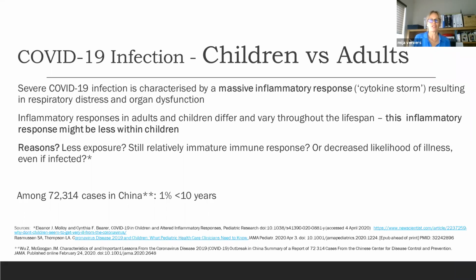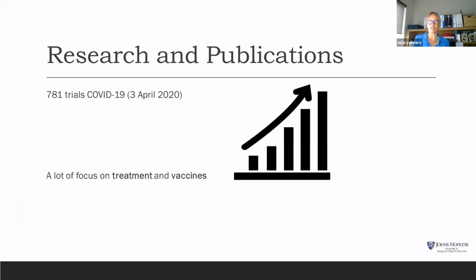Maybe because they have less exposure, maybe they still have relatively immature immune response, or they have a decreased likelihood of being infected. So we don't know exactly. Just to tell you that from a study in China amongst over 72,000 cases, only 1% was less than 10 years. Next, please.